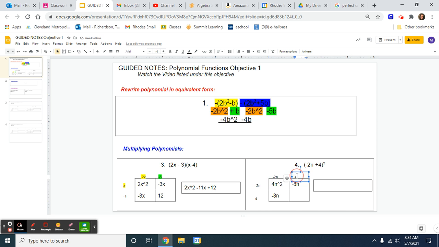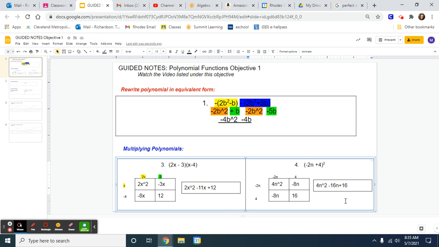And last, we have 4 times 4, which is positive 16. Let's pull out these terms. Our first one was 4n squared. We had a minus 8n, we have a minus 8n, and we have a plus 16. Remember, just like before, we can combine these middle ones. Negative 8 minus 8 is going to be a negative 16n. And that is your final answer.